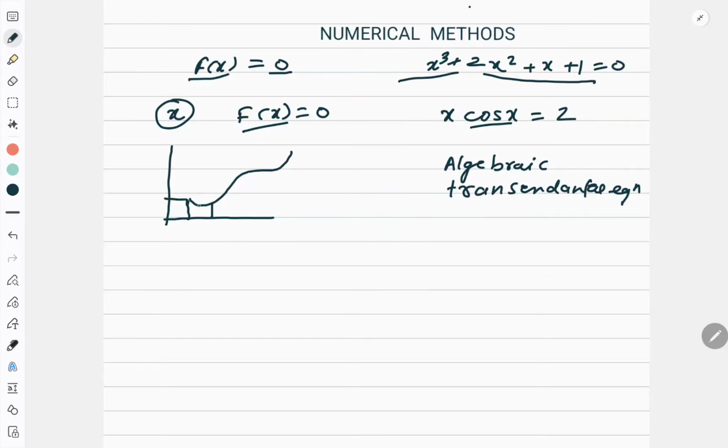At this particular value of x, y is this. Correct? And what exactly is the root? The root is a value of x for which y is equal to 0. And tell me where y will be 0. y will be 0 on this line, the x-axis. So when I trace a curve like this, whenever it crosses the x-axis, only there is the root sitting.